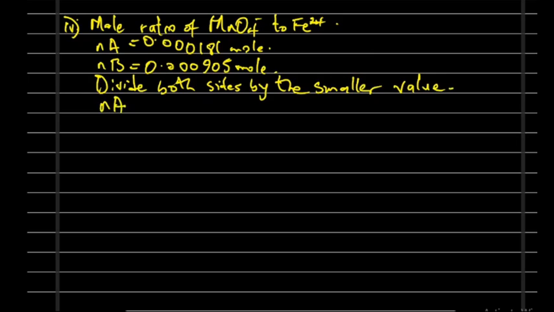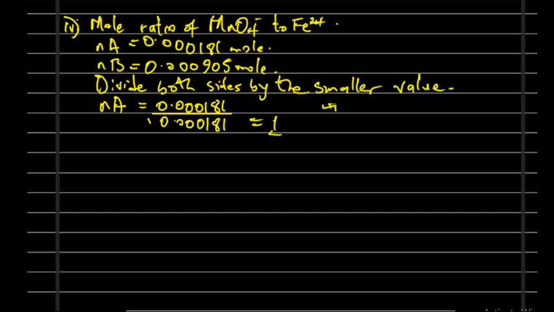So NA equals 0.000181 divided by 0.000181, and that is going to give us 1.